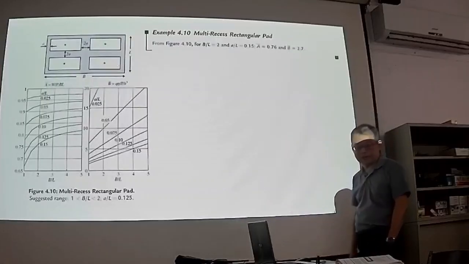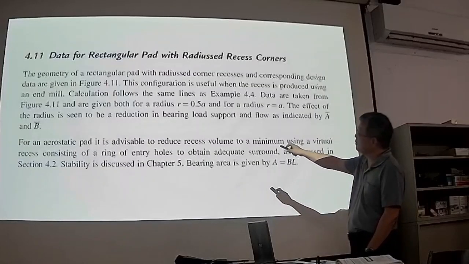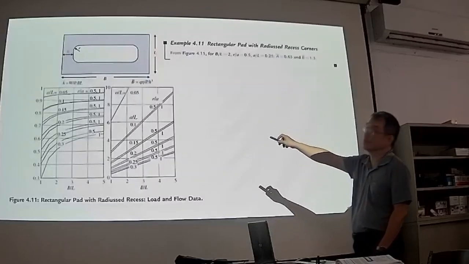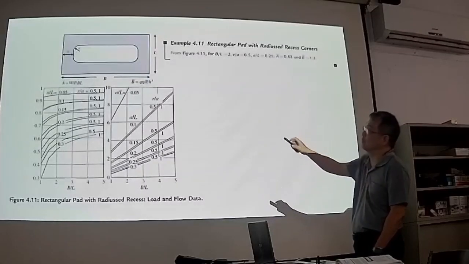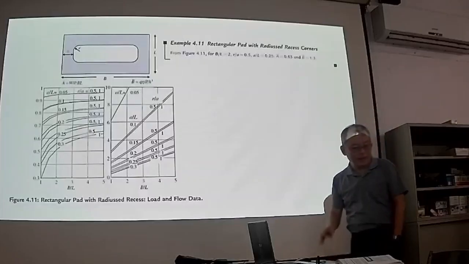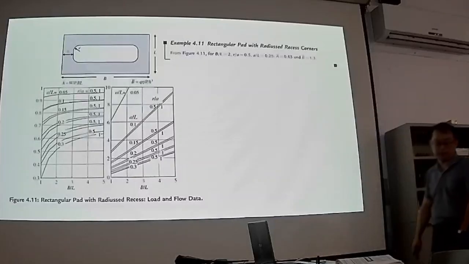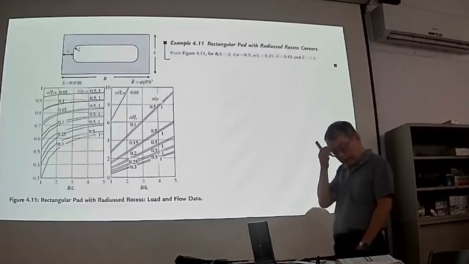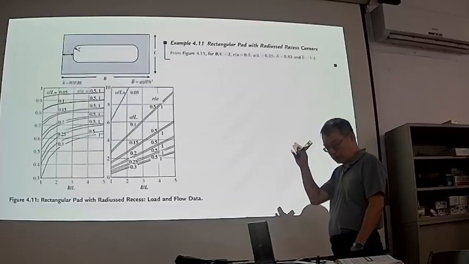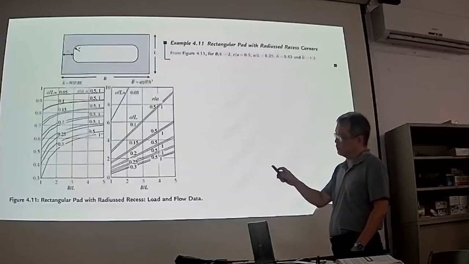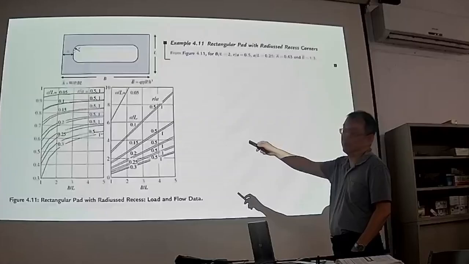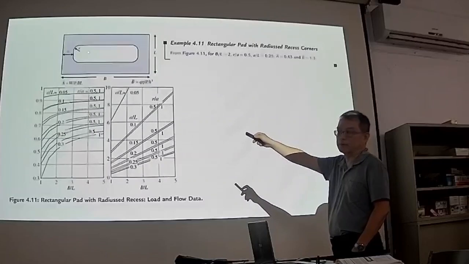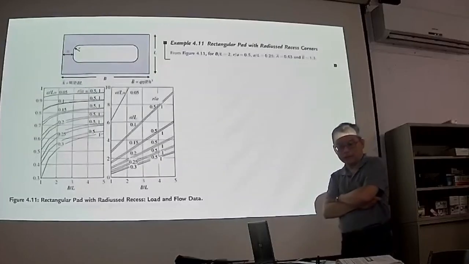In this case, the corner has a small radius R. There is a slightly different result, but I once saw a published paper discussing this effect for the round corner of the recess.